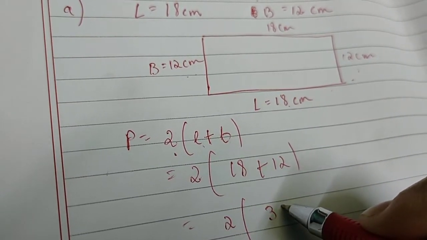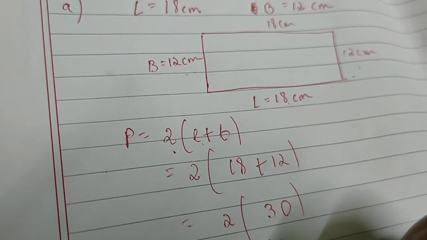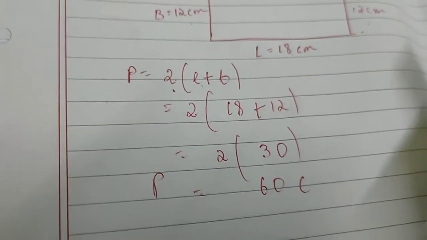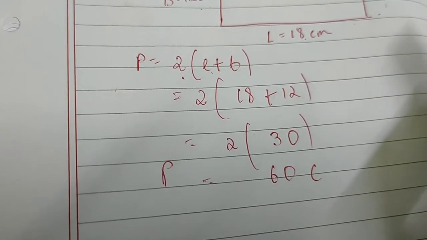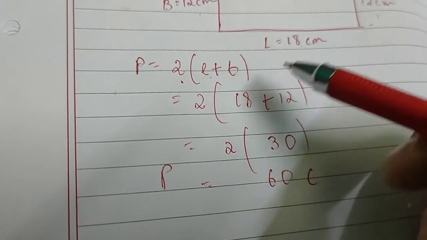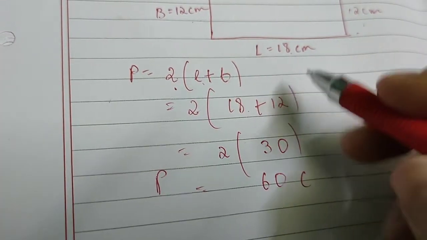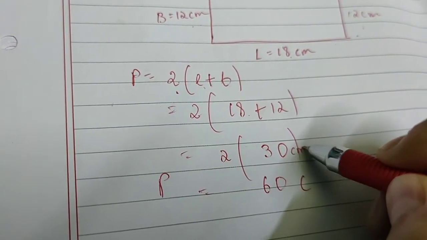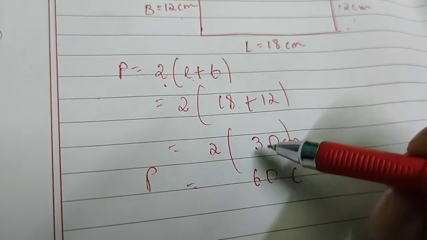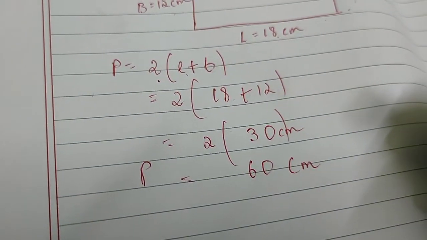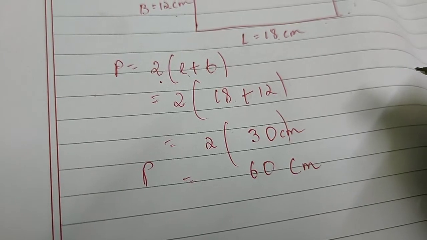This will become 30, 60 P. Okay, what will be the unit? 18 centimeter plus 12 centimeter will give me 30 centimeter. Okay, 2 into 30 will give me 60 centimeter. So 60 centimeter is your perimeter.